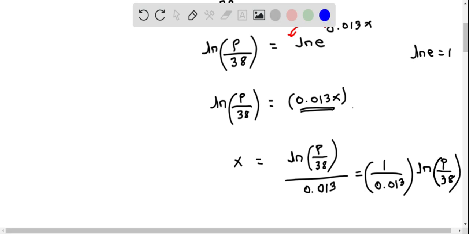And so this is the expression for x, which means we solved for x. And this means choice B is correct for part A.